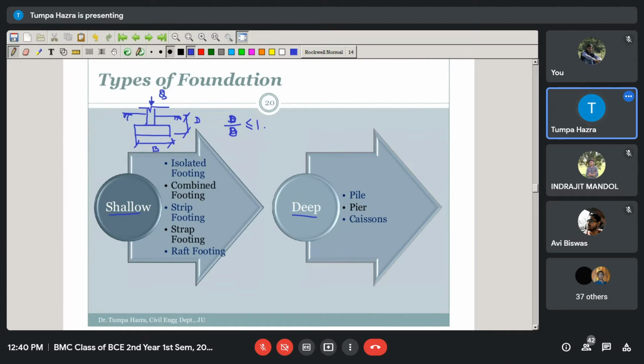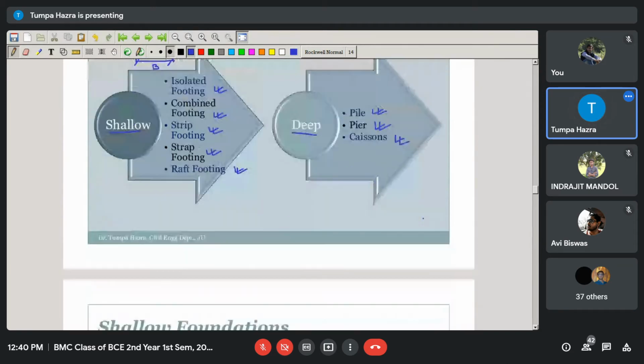And whenever this depth by breadth ratio is greater than 1, that foundation is known as deep foundation. The shallow foundations are again divided into different groups like isolated footing, combined footing, strip footing, strap footing, and raft foundation. Deep foundations include the pile foundation, pier foundation, and caisson foundation.